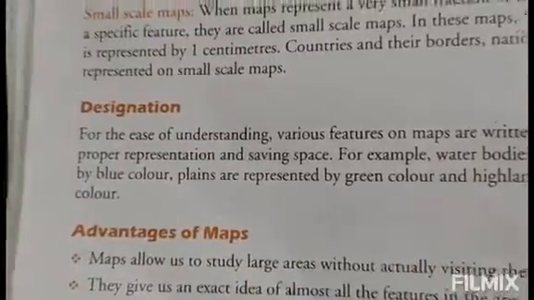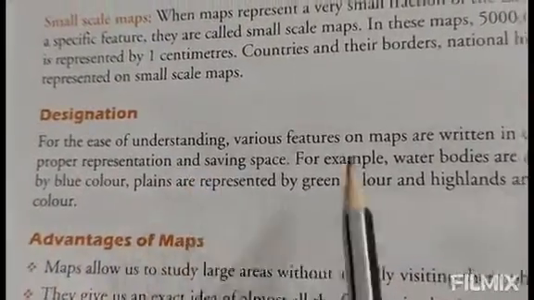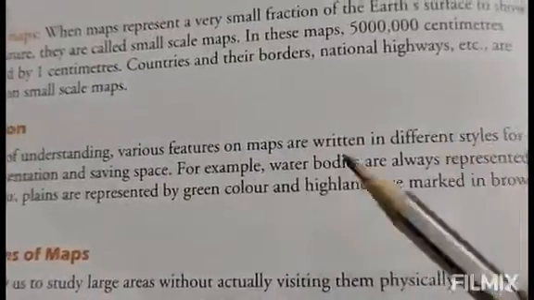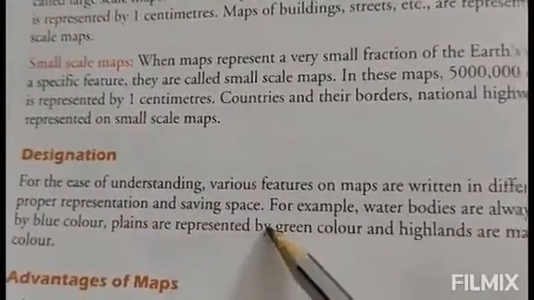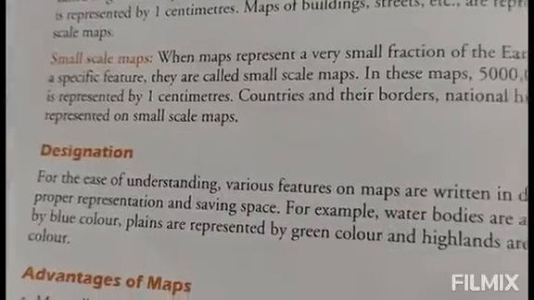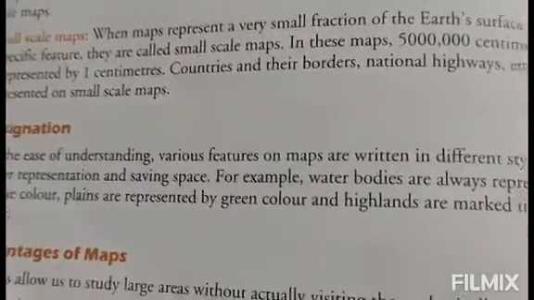Next comes the designation. For the ease of understanding, various features on maps are written in different styles for proper representation and saving paper. For example, water bodies are always represented by blue color. Now designation is to assign a particular color, a particular symbol to a particular thing.